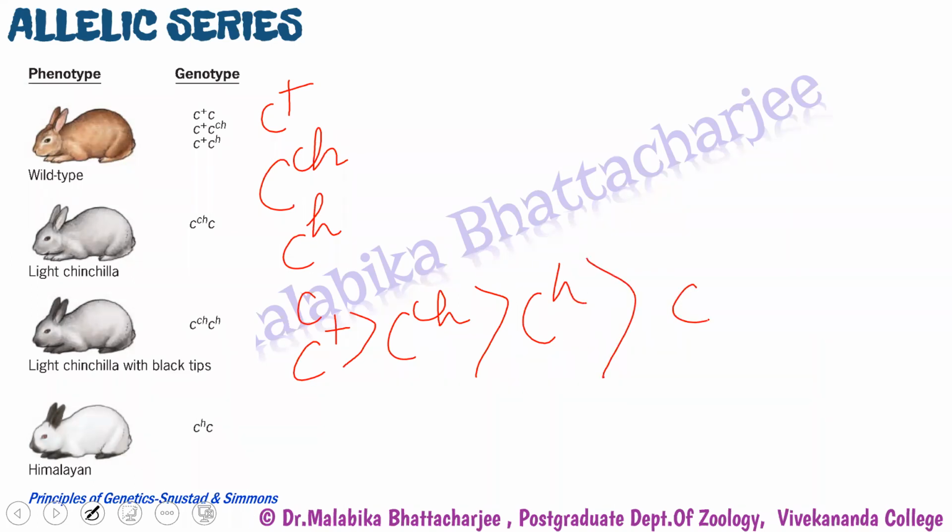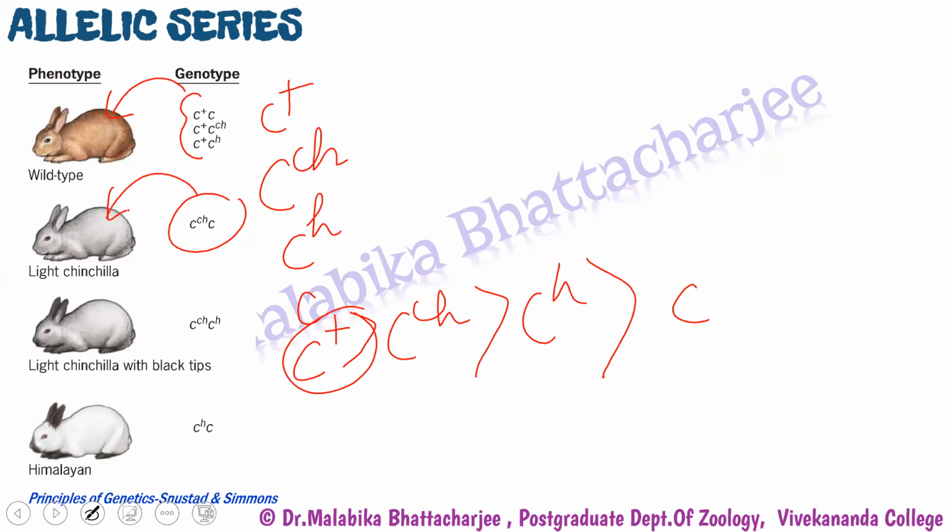So all the combinations with C plus will show wild type. Since CCH is dominant to the other 2, what has been shown here is CH is dominant to small c. CCH is also dominant to CH. In either case, we will be getting light chinchilla.